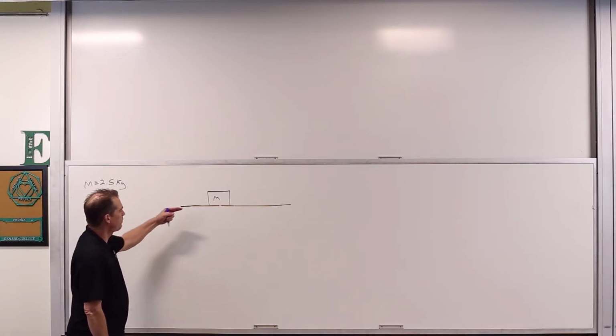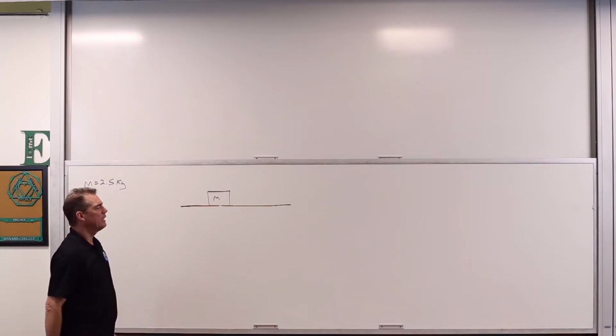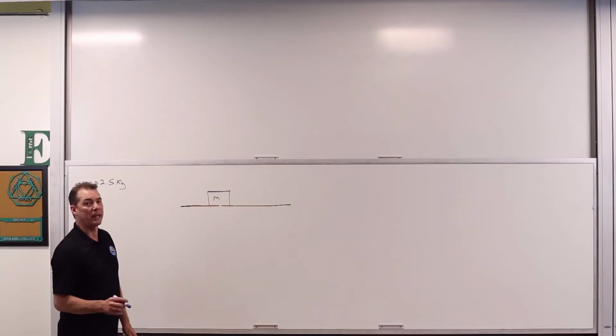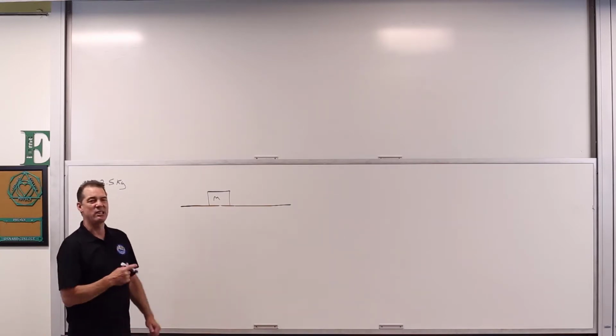And we are told that it is at rest and that we start exerting a force on it, pushing on it in the positive I-hat direction, and eventually it starts to move, but only once we exert a force of 14 newtons to it.